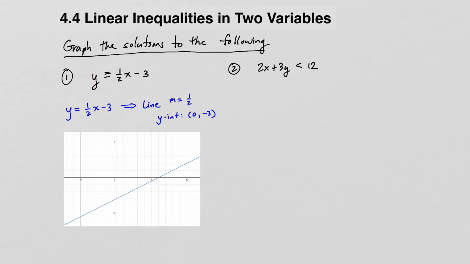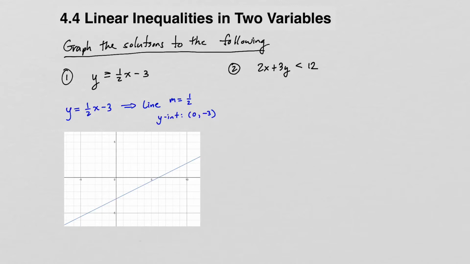Y represents the y-coordinate of a point. And what we're saying is the y-coordinate of the point is greater than or equal to the line. And since the y values are vertical values, y gets greater as we move up. And so if y is greater than or equal to this line, it means we're going to shade above the line.